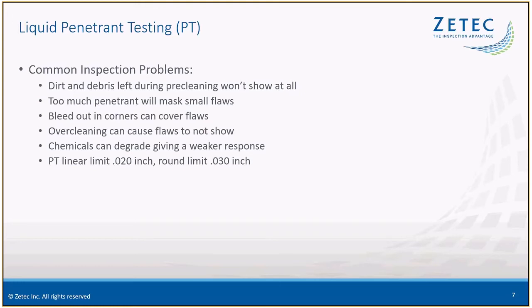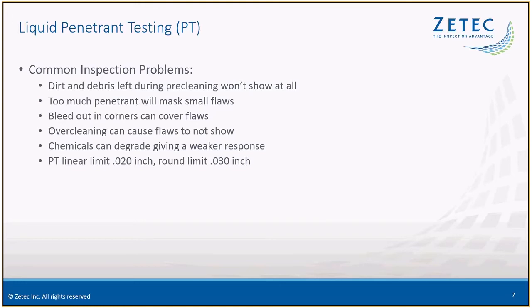In some cases, you can have too much penetrant in an area, and that will mask small flaws. In corners, you can have a bleed out where you are also covering flaws. And when you go to clean it, if you over clean it, you could essentially wipe away the indications that were with the flaws.